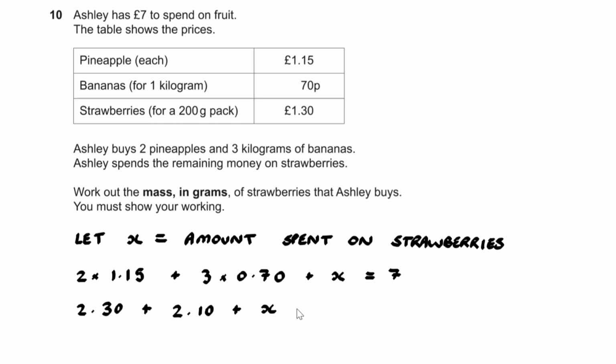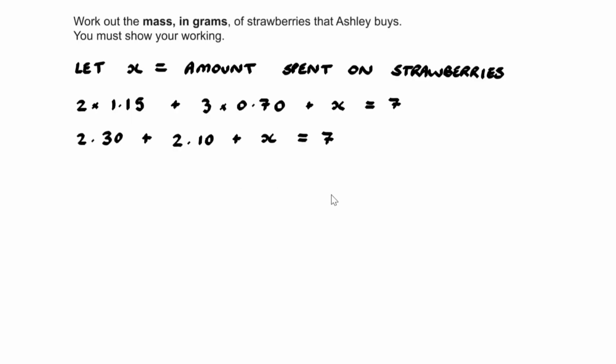Let me add on to this x, we get £7 in total. £2.30 plus £2.10, that's £4.40. £4.40 plus x, the amount we spend on strawberries, is equal to 7. And if we solve for x to find out the amount we spend on strawberries, 7 take away £4.40 is £2.60.